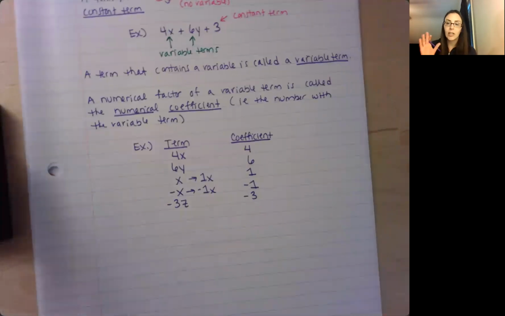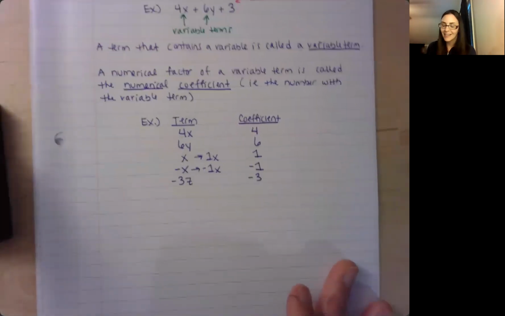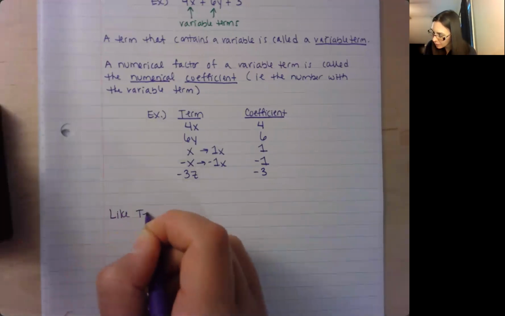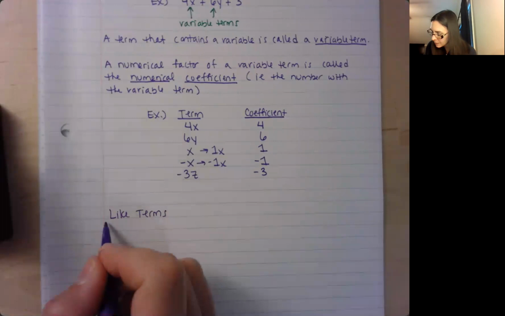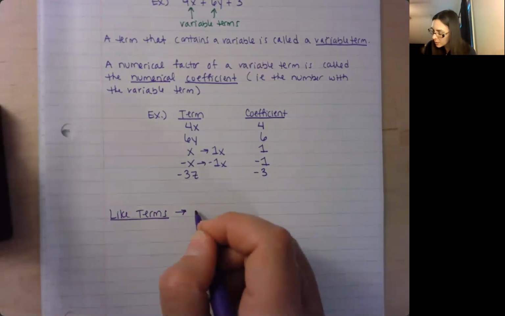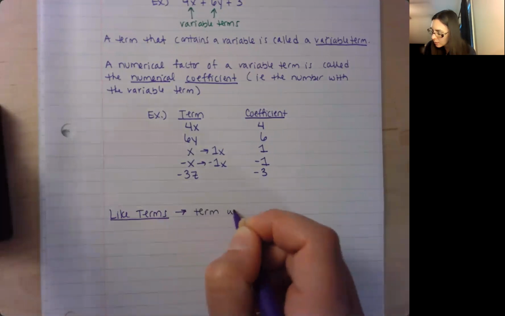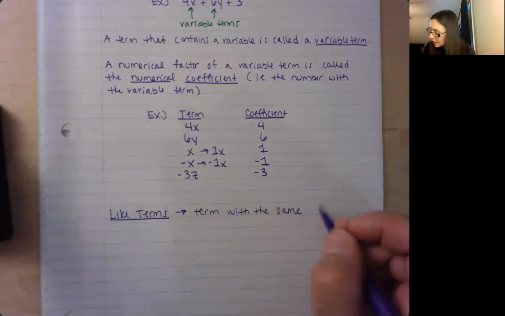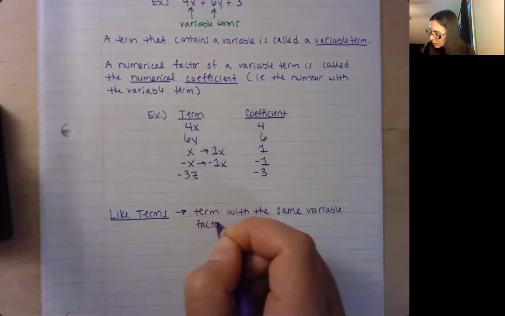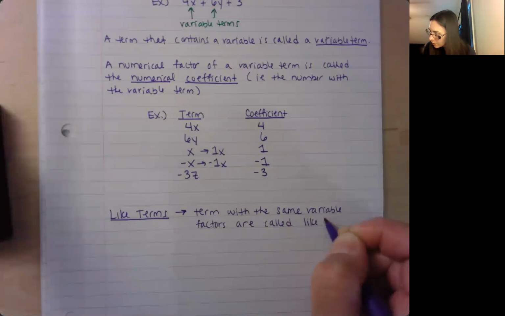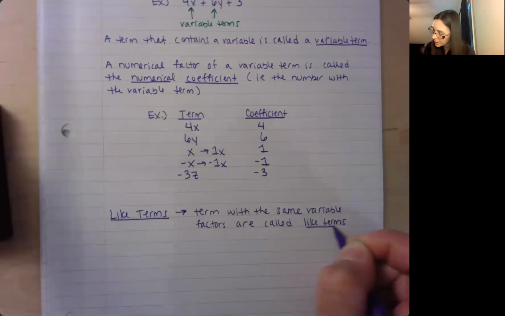All right, a couple more definitions. I know there's a lot of definitions in this section here. Like terms. Like terms are terms with the same variable factors are called like terms.